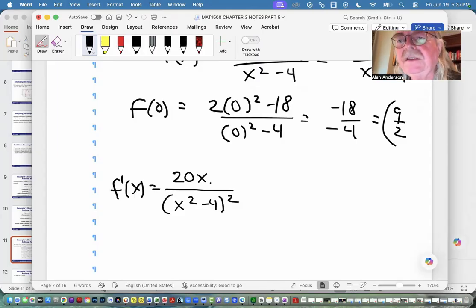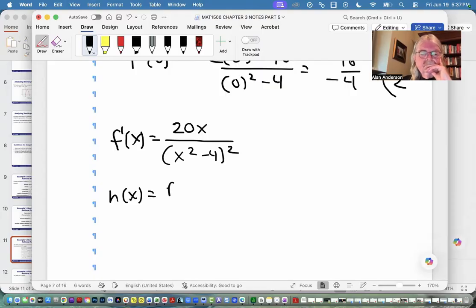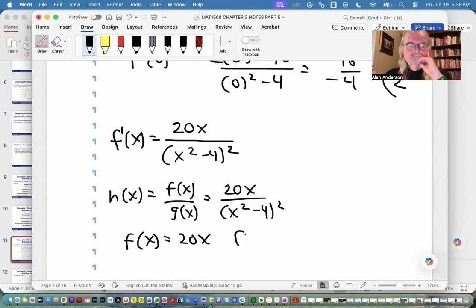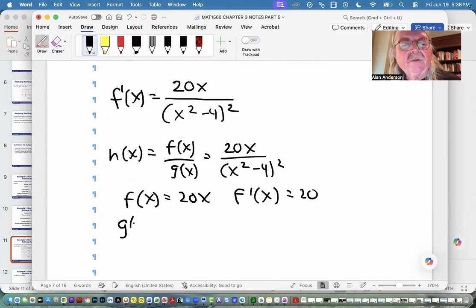Now, of course, this means the quotient rule again. And then, oh my God, well, g prime of x requires the chain rule.